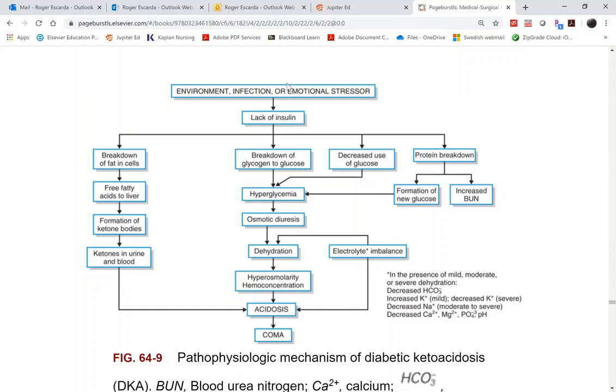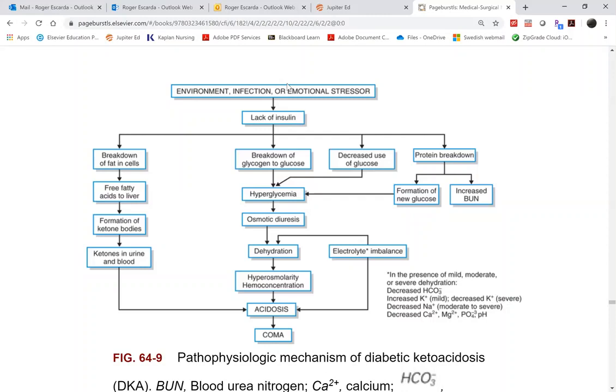All these three will continue to raise the blood sugar levels because again, without insulin, it will not be able to enter the cell. So if you go down the left side, once you break down fat, and a lot of it, they will lead to ketone body formation, which are now turning your blood pH less than 7.35.